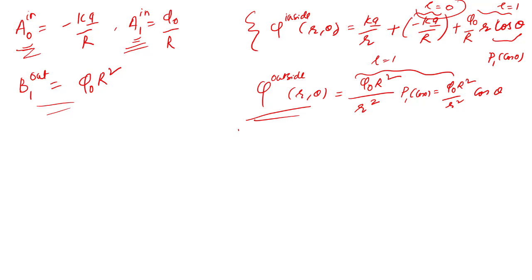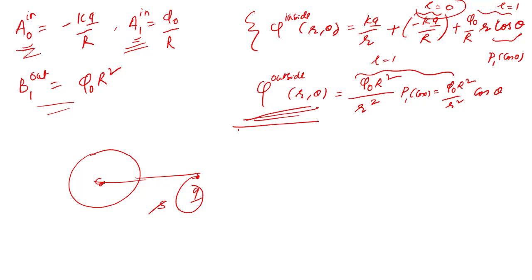So in a very similar fashion, for the problem we solved using image charges where we have plus q at a distance s from the origin, you can think about solving this by including the point charge in the outside potential rather than the inside potential, like how I have shown here. And then you will get an L equal to 0 term in the outside potential and an L equal to 1 term only in the inside, and that's how it will change, right?